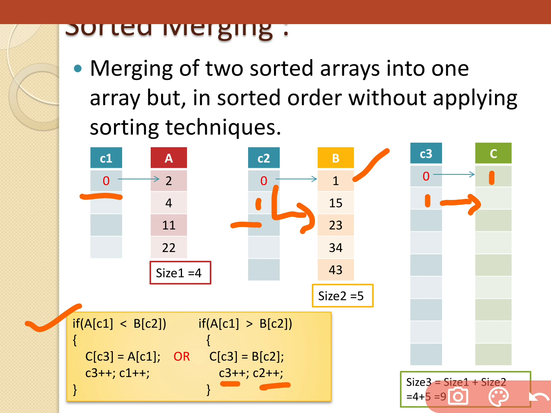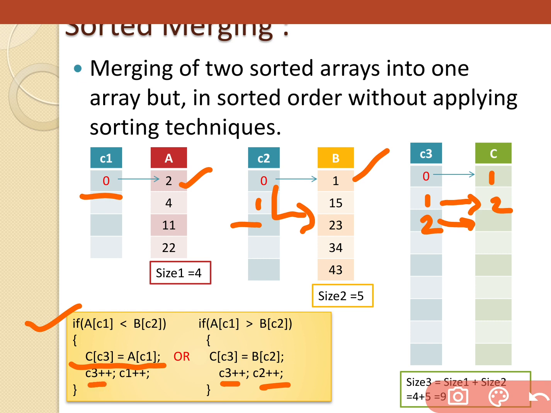I told you earlier, the smaller one is going to be placed in C. It means we are filling 2 inside C, in this position we are going to fill 2. See this one written, A[C1] is going to be placed inside C[C3]. Then again the counter is going to move to the next location, because already 1 is filled, so the counter should be 2.